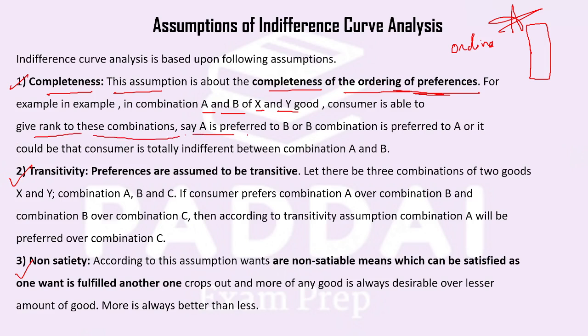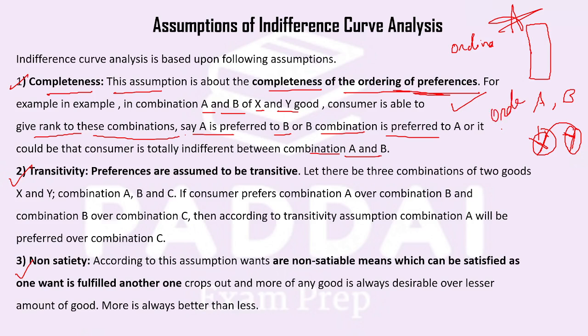Say A is preferred to B, or B is preferred to A, or the consumer could be totally indifferent between the combinations A and B. These are the people where good X can be replaced by Y, and Y can be replaced by X. On the basis of this replacement, ordering can be done.